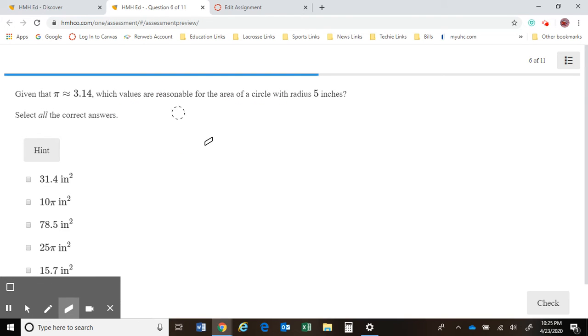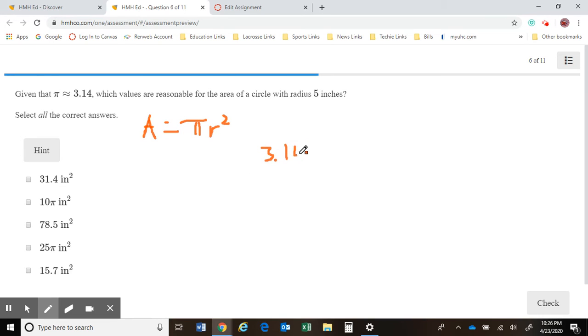Now, given that pi equals 3.14, what are reasonable values for the area of a circle with a radius of 5 inches? Area is pi r squared, so 3.14 times 5 times 5.